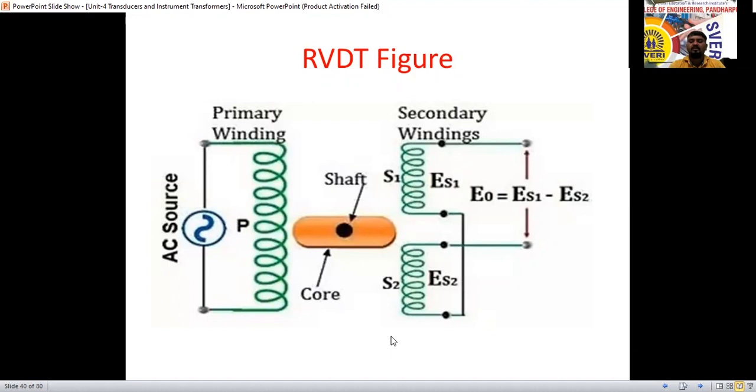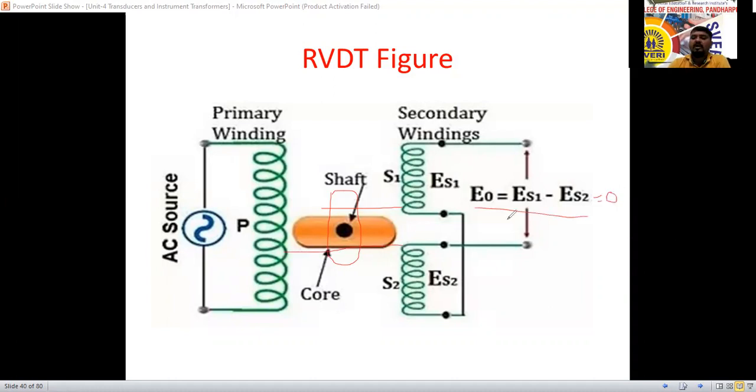If it is not connected to anything, it is the null position. The same thing we can connect vertically also, and yes, it is also the null position, equally connected to S1 and S2. So at the null position, the difference output is 0.